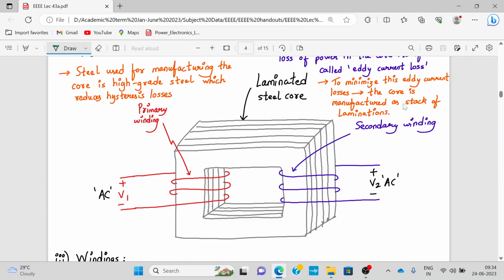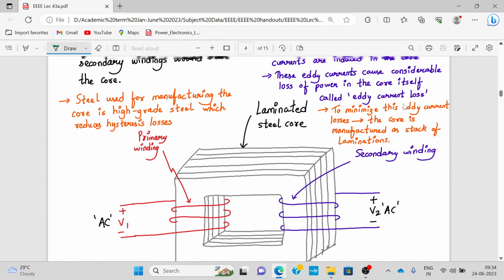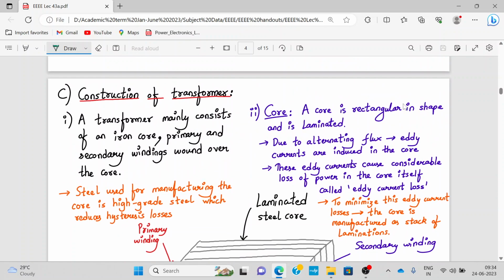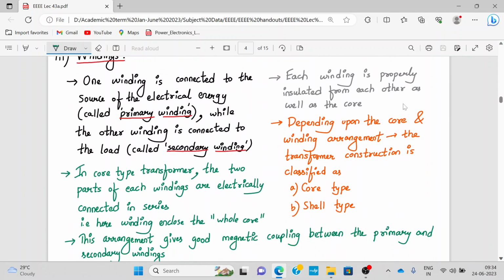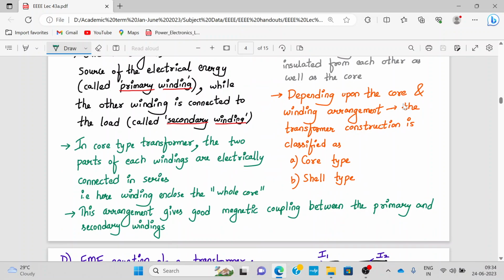Now, depending upon the core and the winding arrangement, the transformer construction is classified as a core type transformer or a shell type transformer. Whatever I've said, I've written over here. In core type, the two parts of each winding are electrically connected in series.